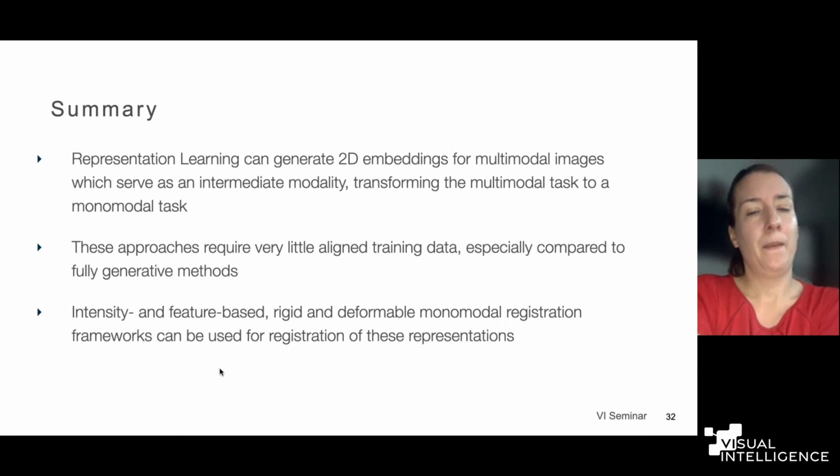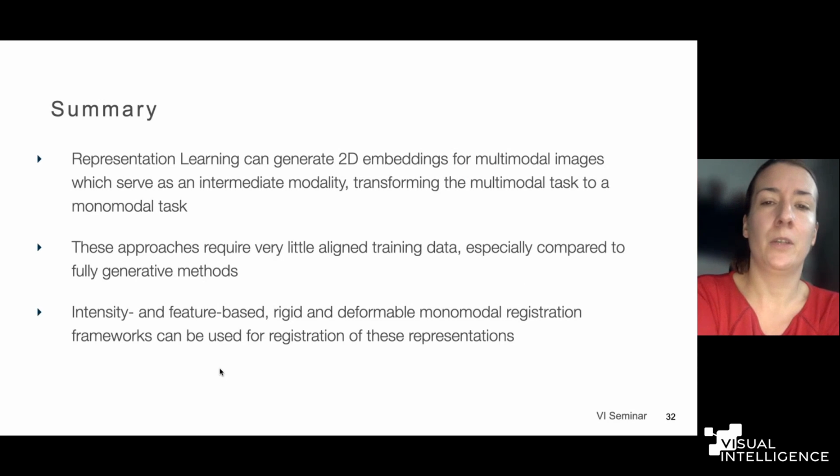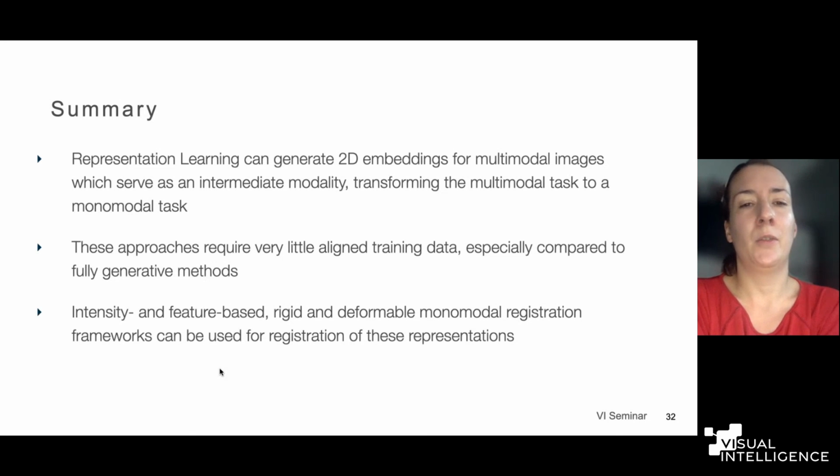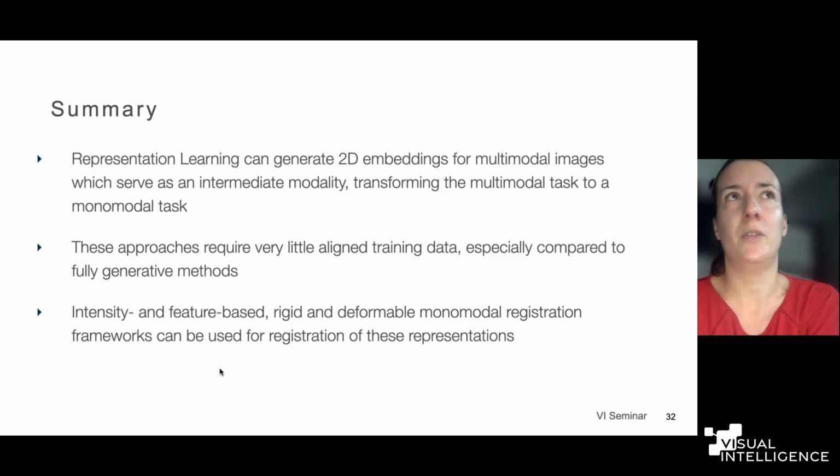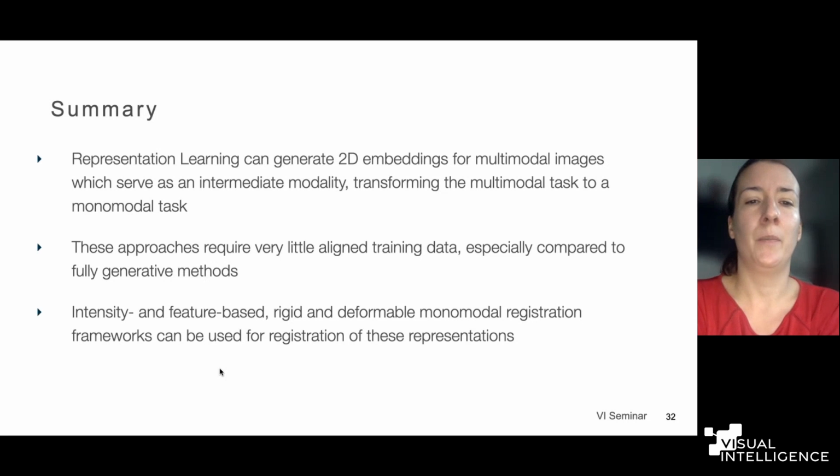Yeah, so in summary, we showed that we can use representation learning to generate 2D embeddings of multimodal images that can serve as some sort of intermediate modality that allows us to transform this multimodal task to a monomodal task that is just generally easier, and we have more registration techniques that we can use for them.